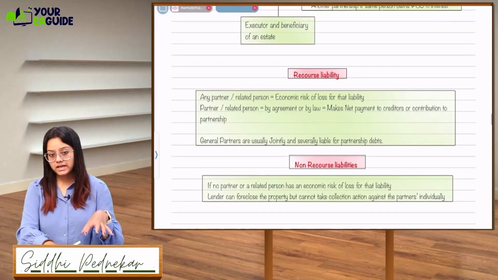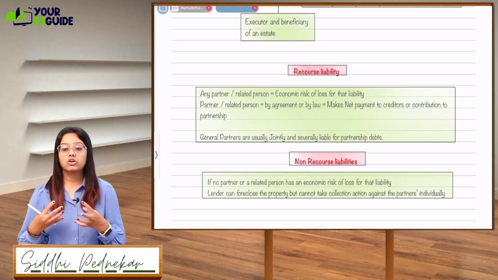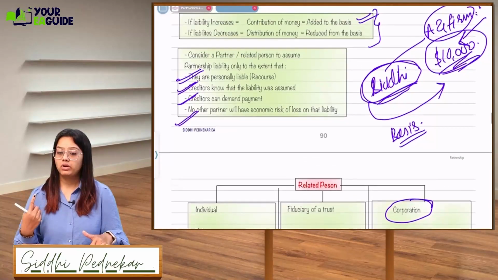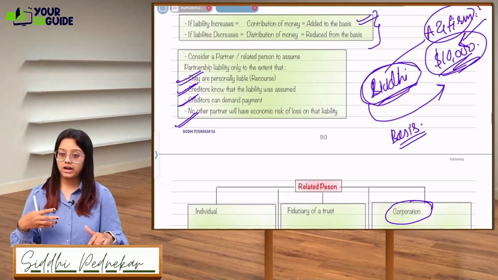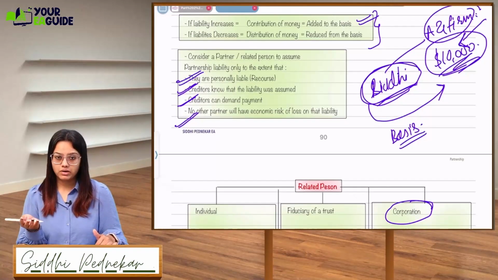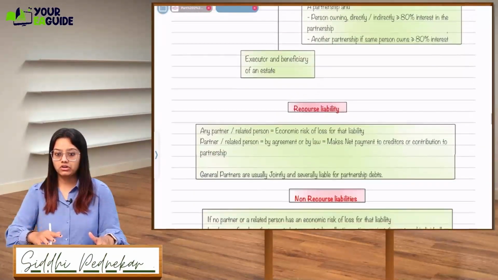Recourse liability, as I explained, is when a partner or a related person has an economic risk of loss. You can recap my example: if I am holding a partnership interest in the A and firm, and I have borrowed $10,000 to buy an equipment and invest it into the firm, then the $10,000 which I have at risk will be my recourse liability.